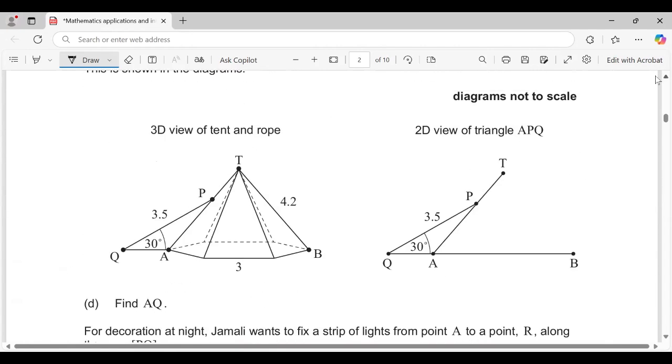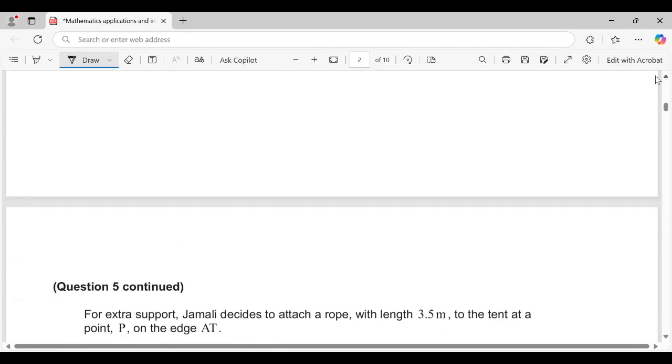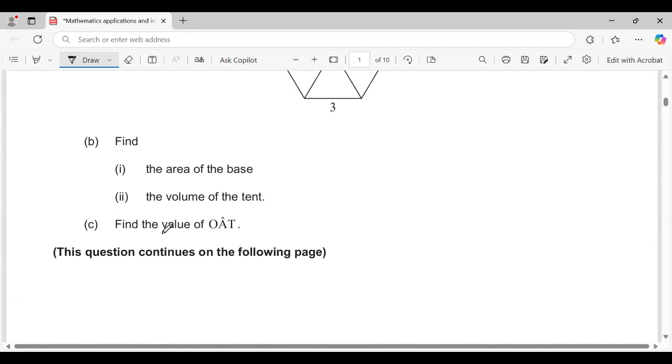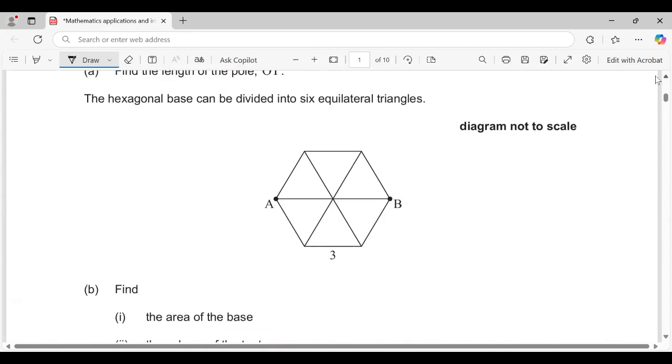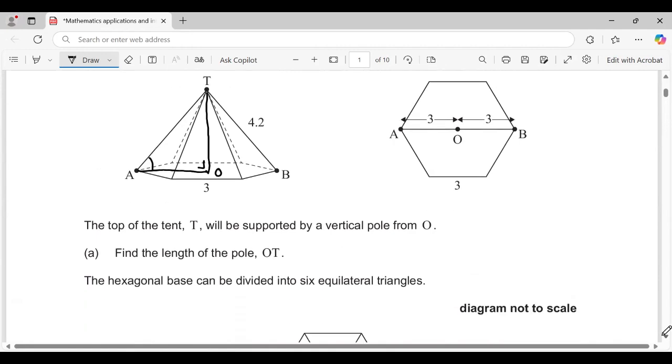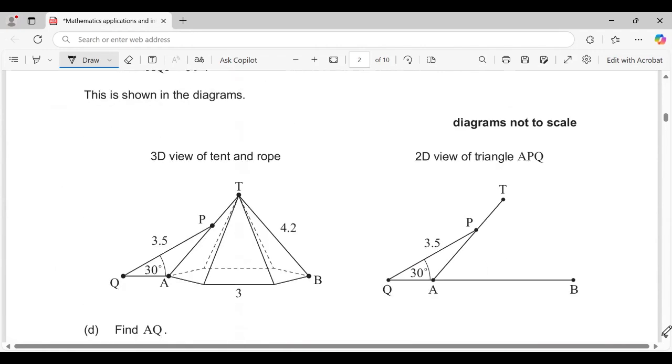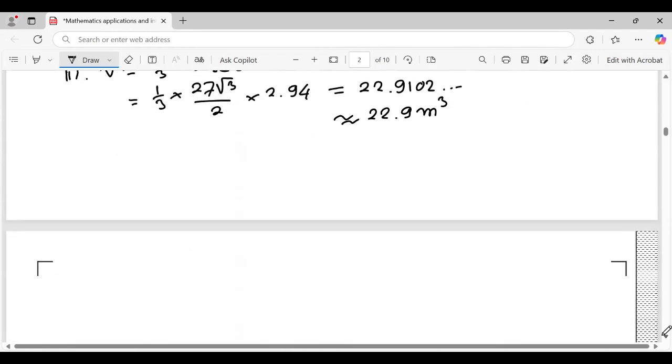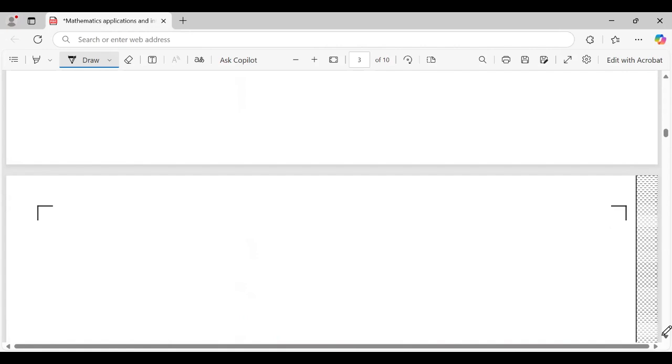The next question. Find the value of angle OAT. Angle OAT means this angle. I would like to sketch the angle OAT.